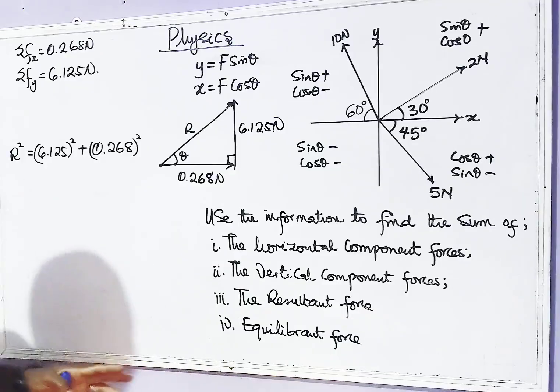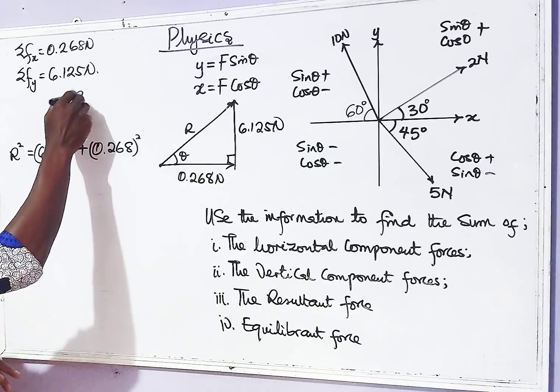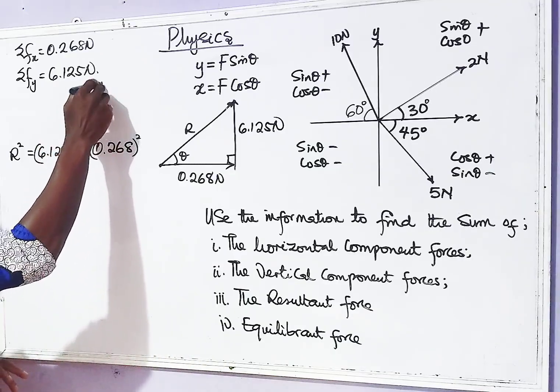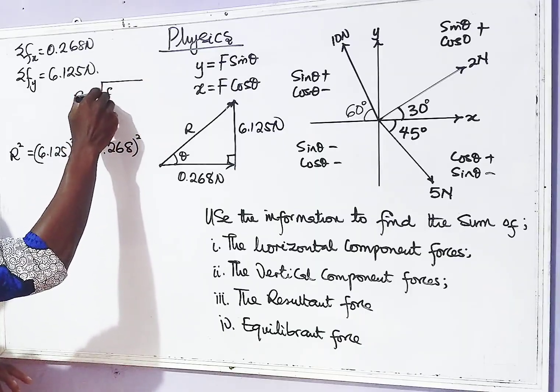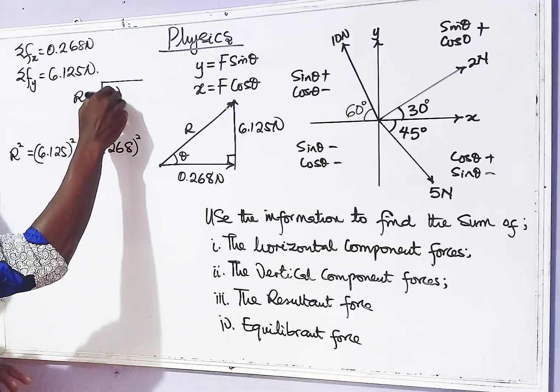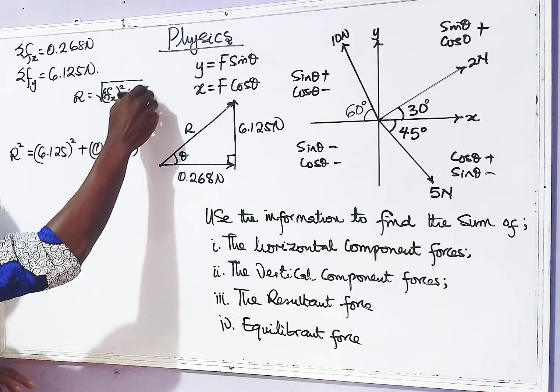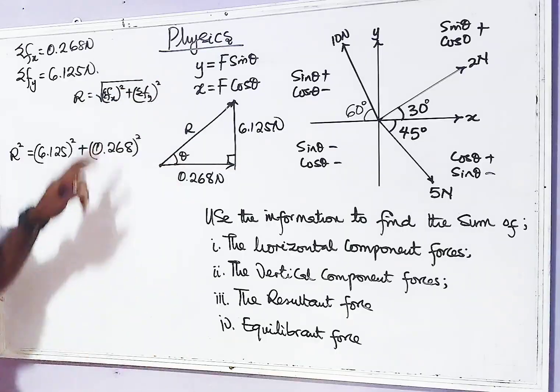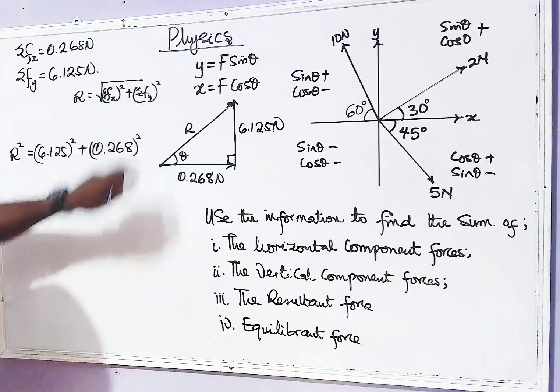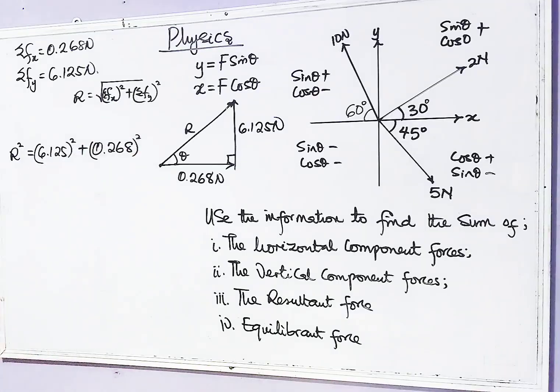In natural sense, the formula is r equals the square root of the summation of f sub x all squared, plus the summation of f sub y all squared. And that is what I'm doing here. So we can have r equals the square root.